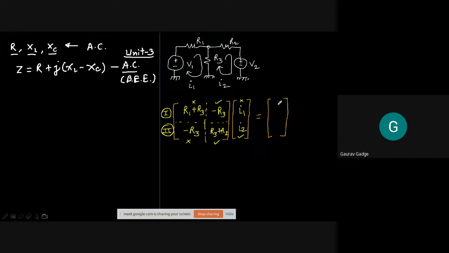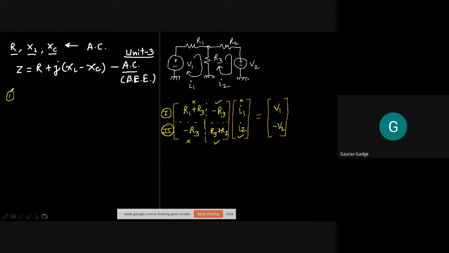Fine. On the right hand side, what should I write? V1 minus V2. Very good. Perfect. So this particular concept is applicable for a 2 by 2 matrix, meaning a two loop circuit. Right? Now let us consider the AC numerical. I just write it down, and the numerical is very simple.